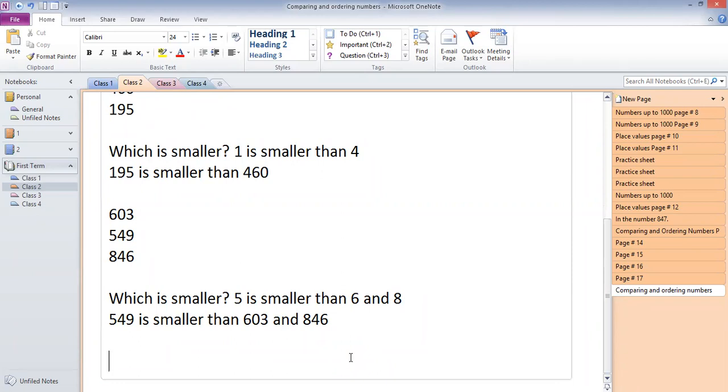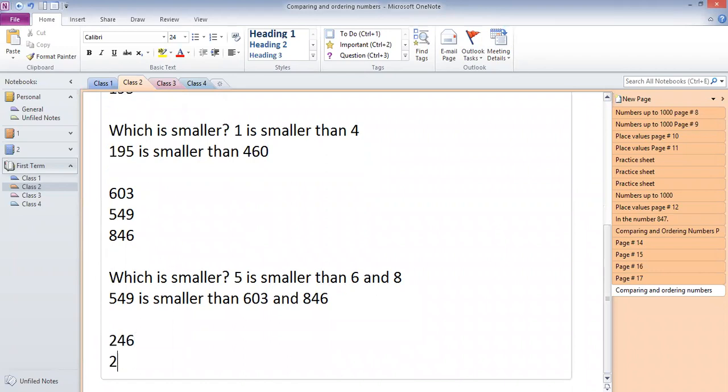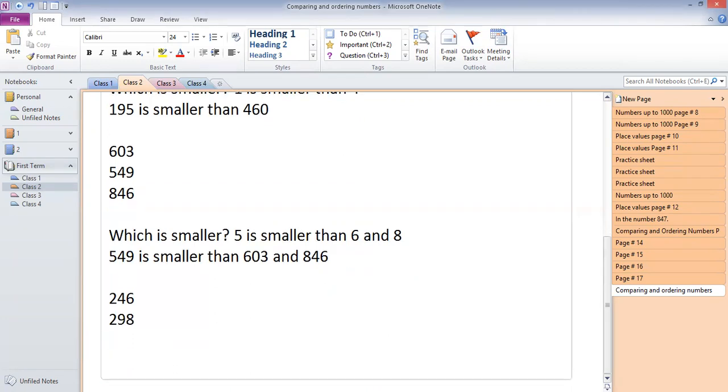But if we have a number like 246, 298. Now, which is smaller? So again, I compare the hundreds first. So 2 and 2. Now on the hundreds, 2 and 2 is same.